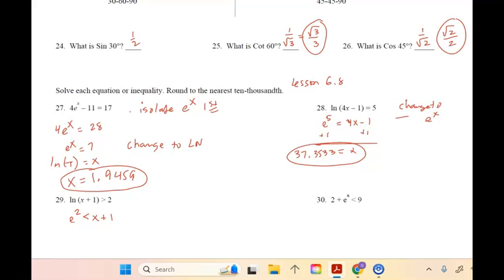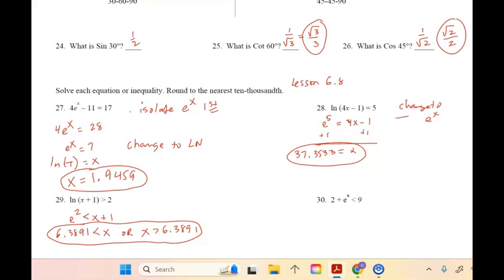I'm going to do e to the x, and then I'm going to put in 2 as the exponent, equals, and then I just subtract 1 from that. And that's my answer, 6.3891. And that number is less than x. Or if you prefer, like me, you could say x is greater than 6.3891. You can do it either way.